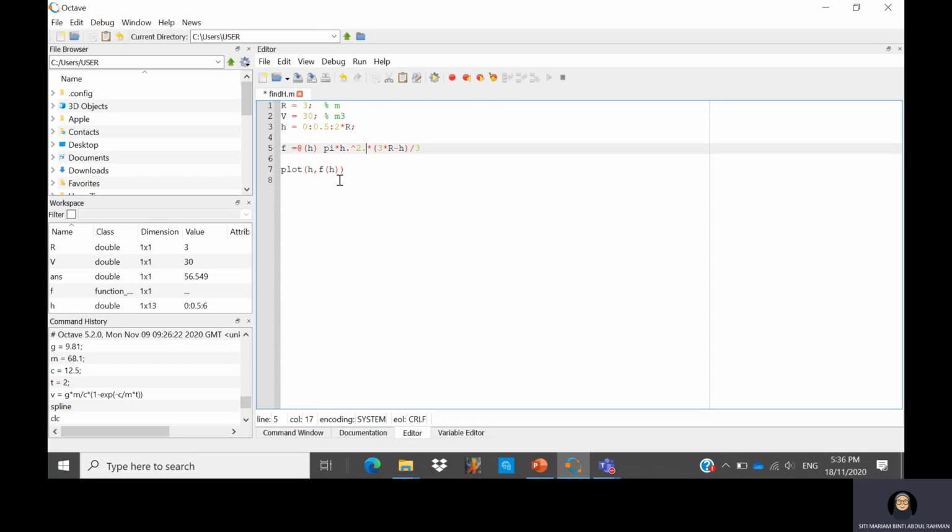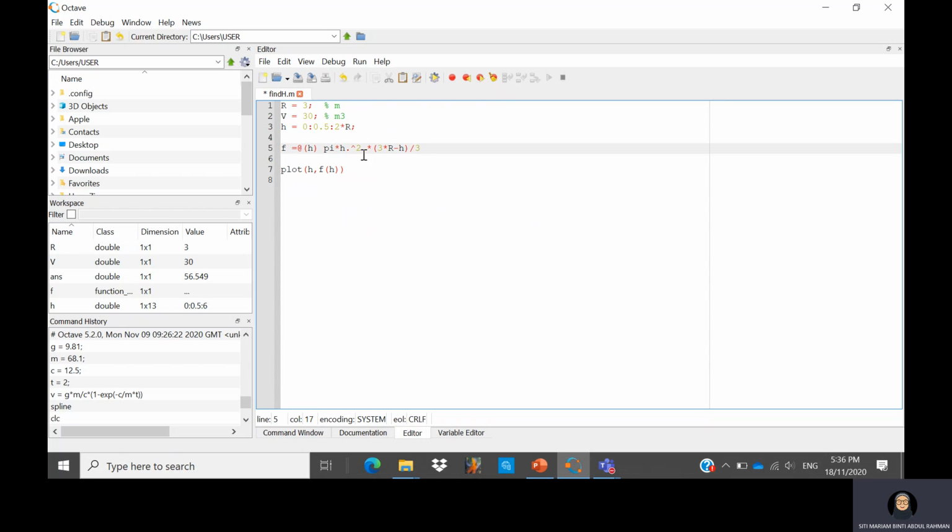If you have a single h, there's no problem, but now you have a matrix of 1 by 13, so you want to make sure that all the h within your matrix is powered by 2. So you put in the dot there, dot power h 2. This way it's going to calculate the power for each element within the variable.